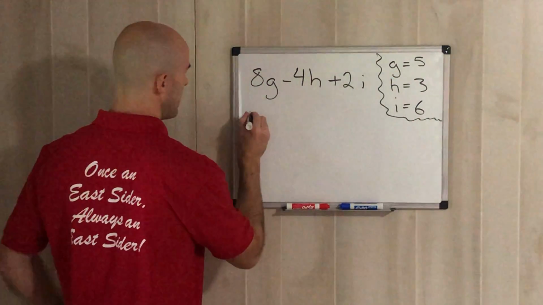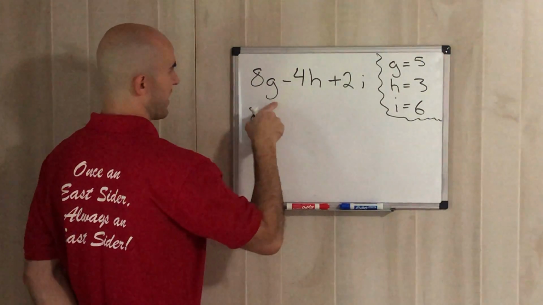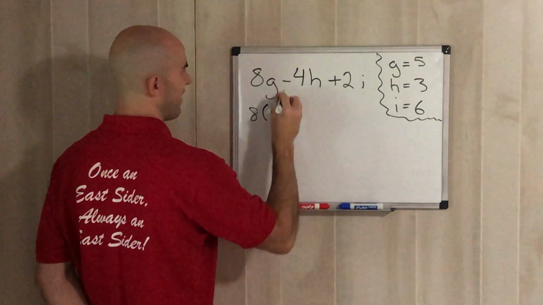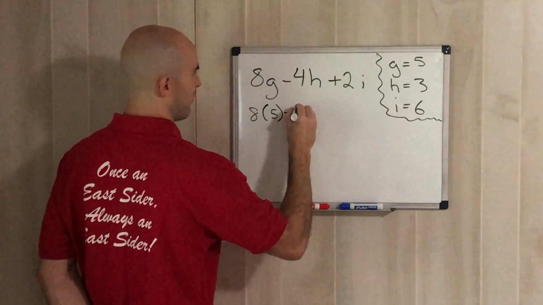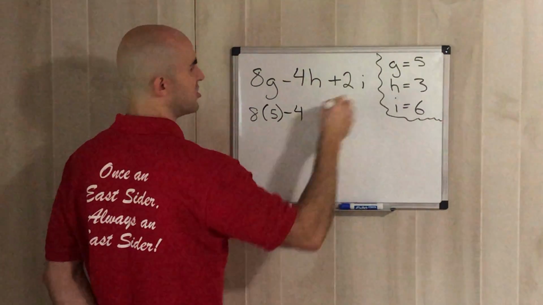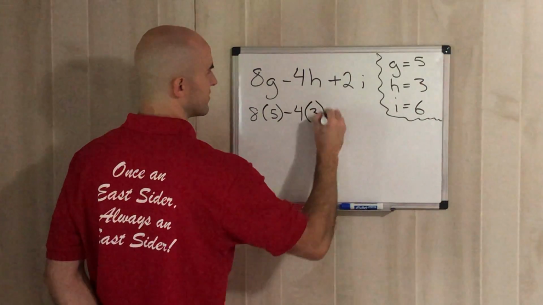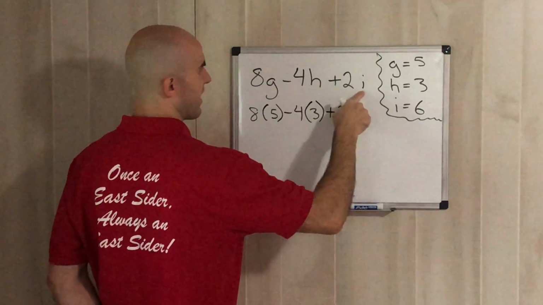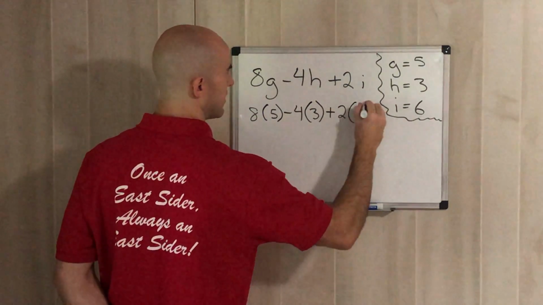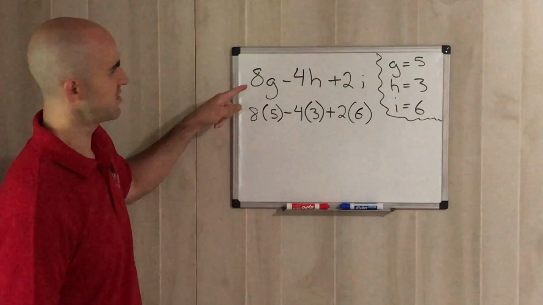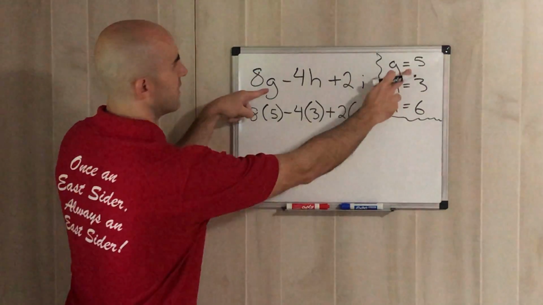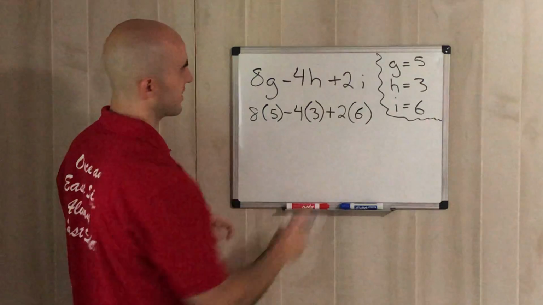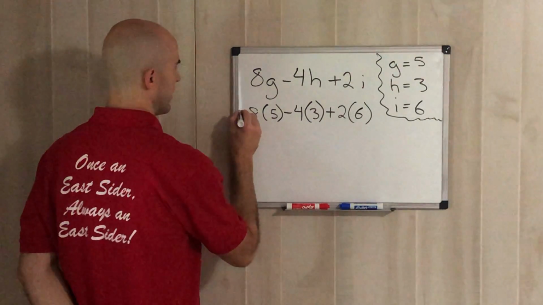So we have 8. We know that g is 5. So we substitute g with 5, minus 4. We know that h is 3, right? Plus 2. And we know that i is 6. So all I did is I just substituted, right? g was 5. h was 3. i was 6, right? And now just work your way through it.